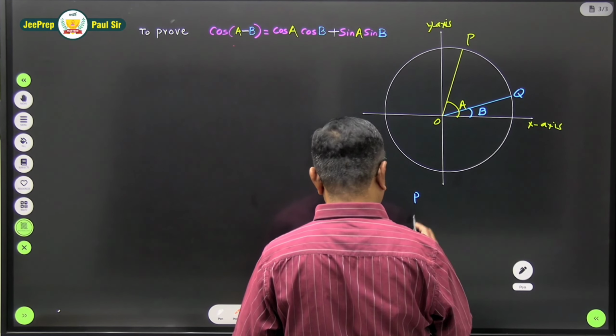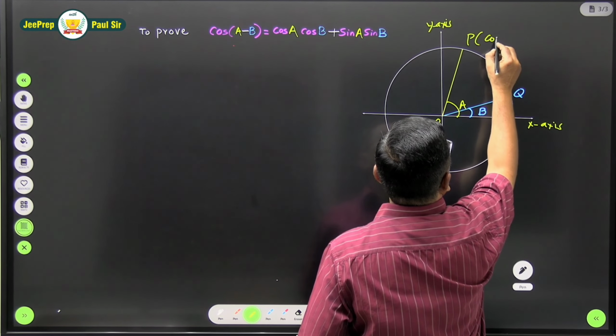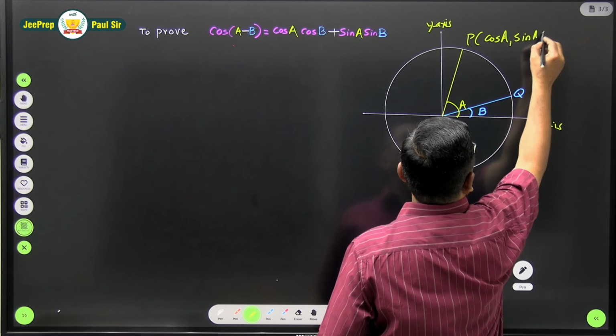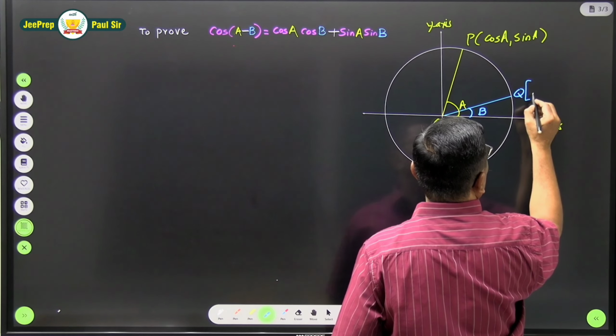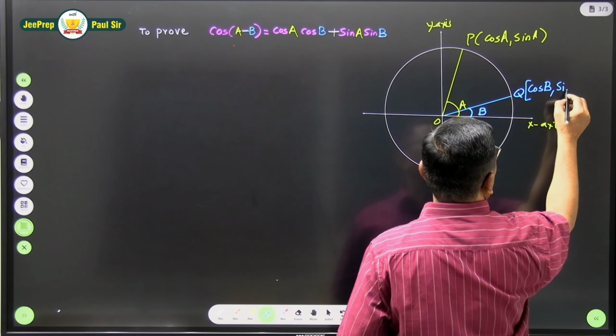Coordinates of point P are cos A comma sin A, while coordinates of point Q are cos B comma sin B.